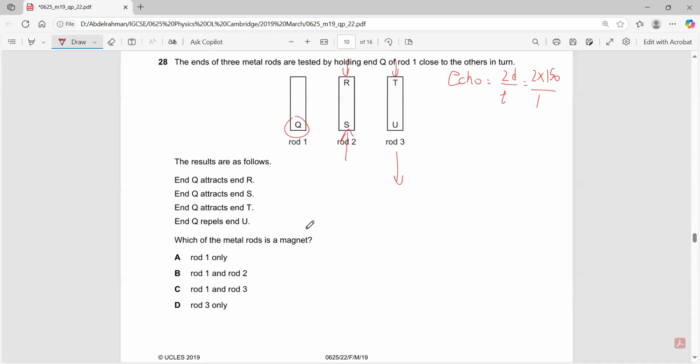Actually, rod 2 is a magnetic material. Rod 2 is an iron bar. Well, rod 3 is a permanent magnet. It's a magnetized steel bar, so it is a permanent magnet. So the two magnets are 1 and 3.